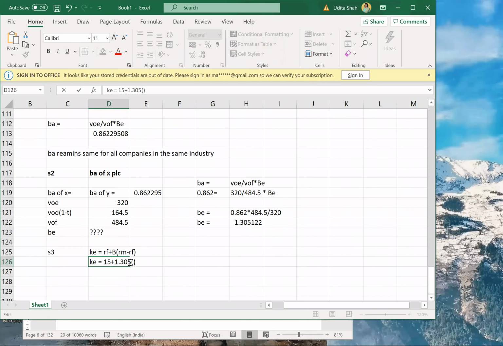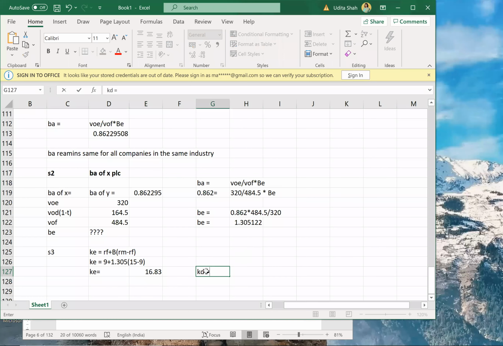RM is 15% minus 9%. So KE equal to 9 plus 1.305 into 6. So 16.83% is my KE.